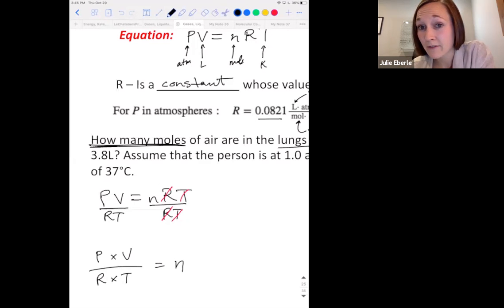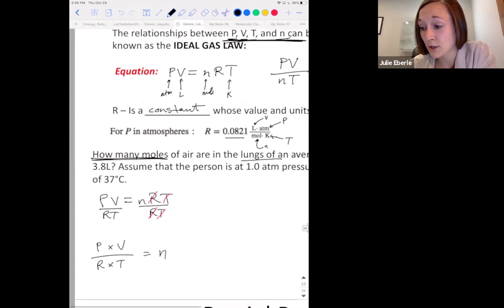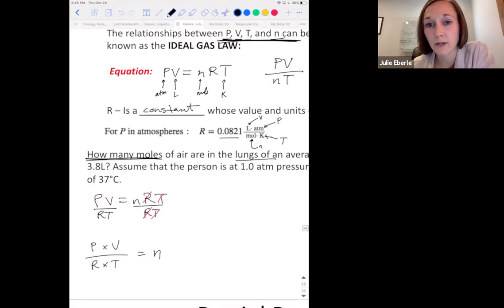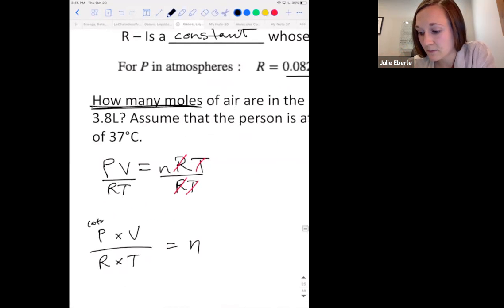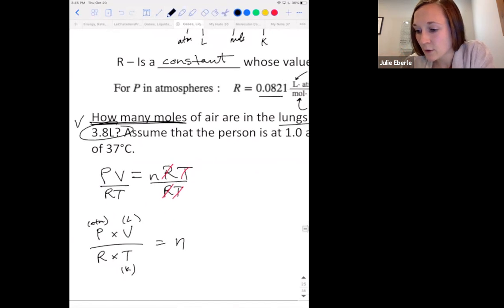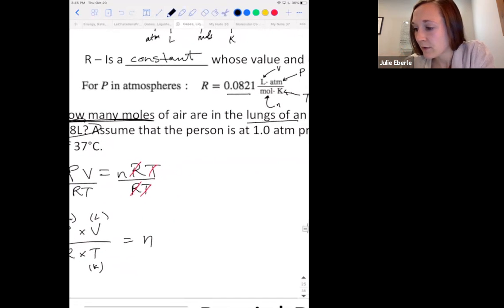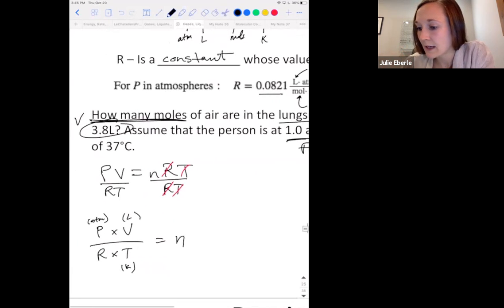So as long as we have a pressure given to us, volume given to us, and temperature given to us, we already know R, we can solve for N just fine. The only thing we have to check is, do we have the right units on all those variables? Remember, pressure has got to be ATM, volume has to be in liters, temperature has to be in Kelvin, and then we're good to go. So I see that we have liters, there's our volume. We have ATM, here's our pressure, but we have Celsius.